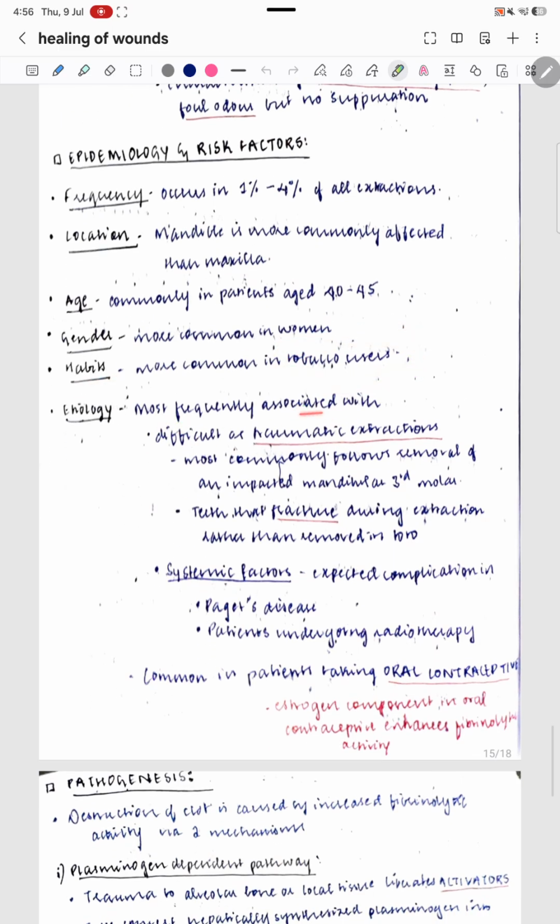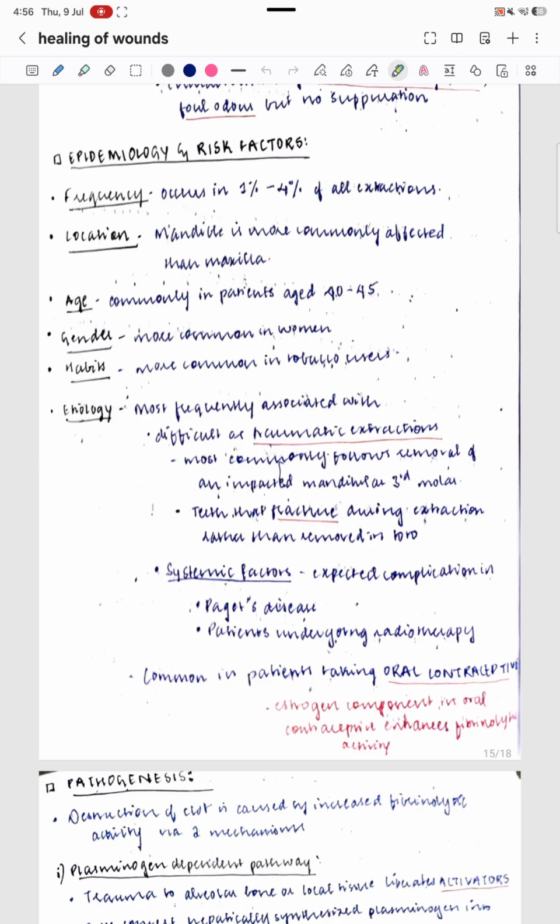Etiology: more frequently associated with traumatic extractions. So 1 to 4% of all extractions. Mandible is more common than maxilla. Age is patients around 45 years. Gender is women. More common in tobacco users. Most frequently associated with traumatic extractions.